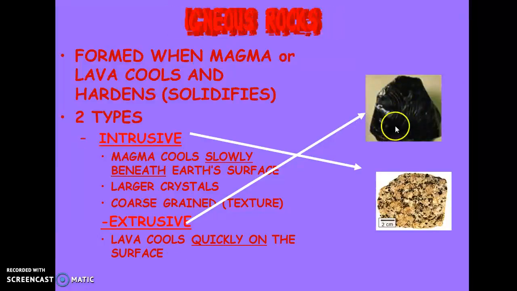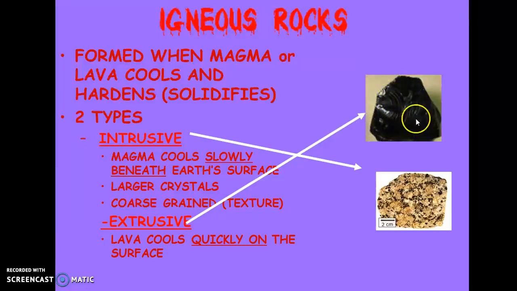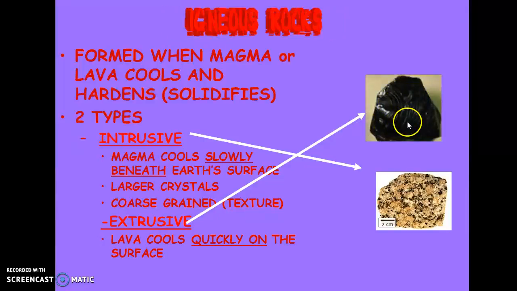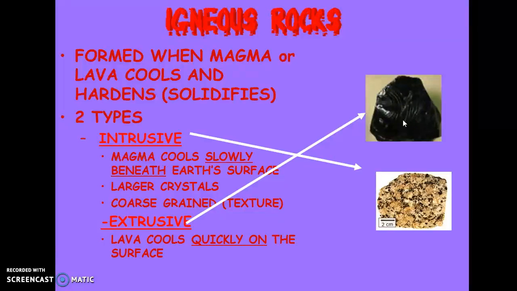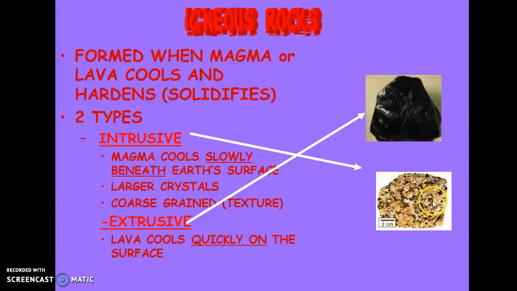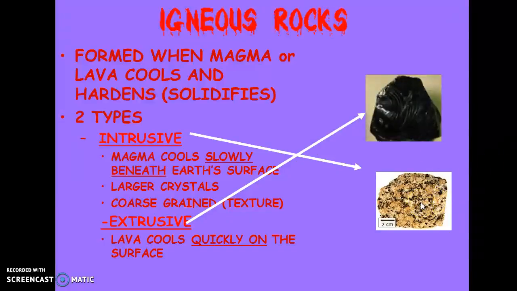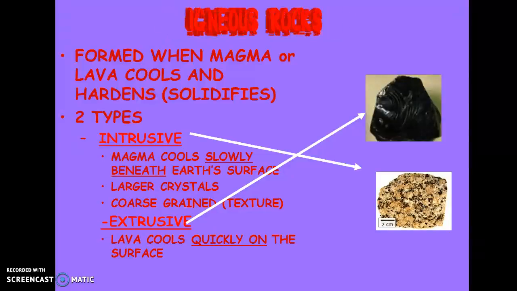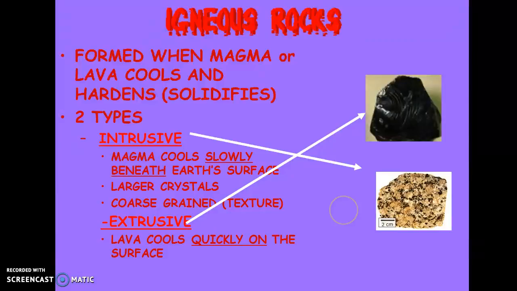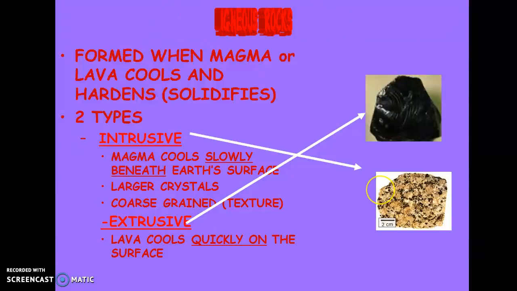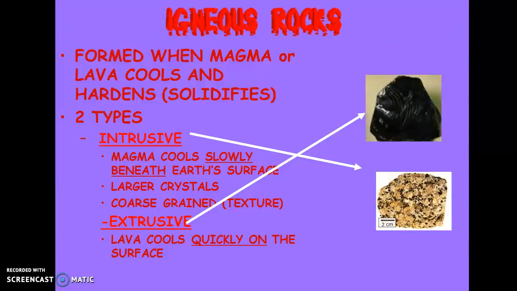So most of the time when we're talking about igneous rocks, we're talking about extrusive, because they're black because they cooled on top of the earth, whereas the intrusive ones are not all the way black because the magma is inside of the surface of the earth, so it's mixed with some of the other dirt and soil and things like that.